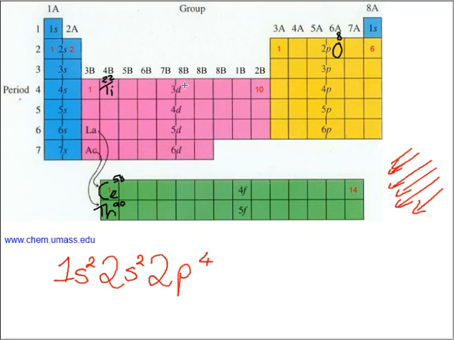It's not 4D. As you can see, it's actually 3D. So the energy level of these D blocks is basically the energy level minus 1. So it's energy level minus 1 for the D.